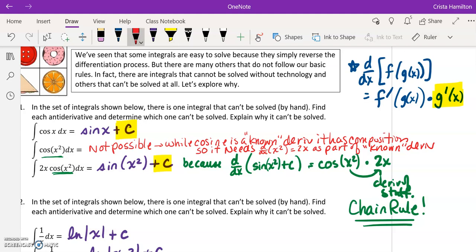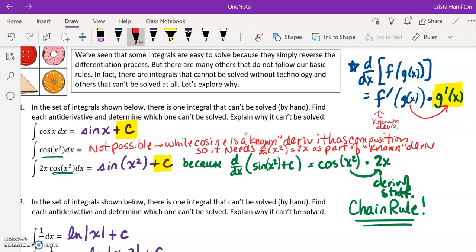So when we are looking at the quote-unquote known derivatives, the form is going to have to be where you have a known derivative here, which would be the outside function. And we need to make sure that included in the integrand is the derivative of the inside, or the derivative of the stuff, as we were talking about.